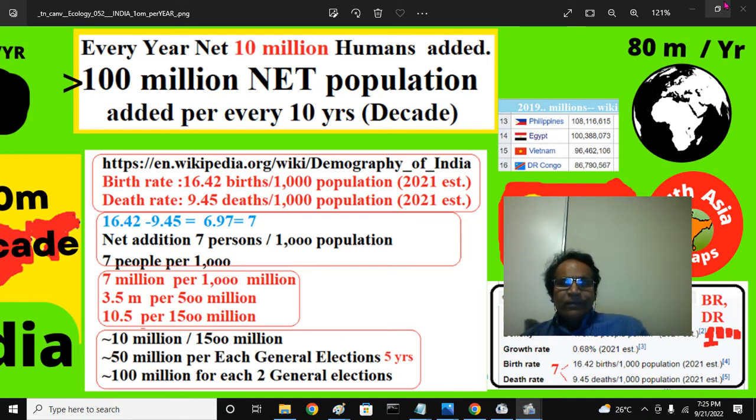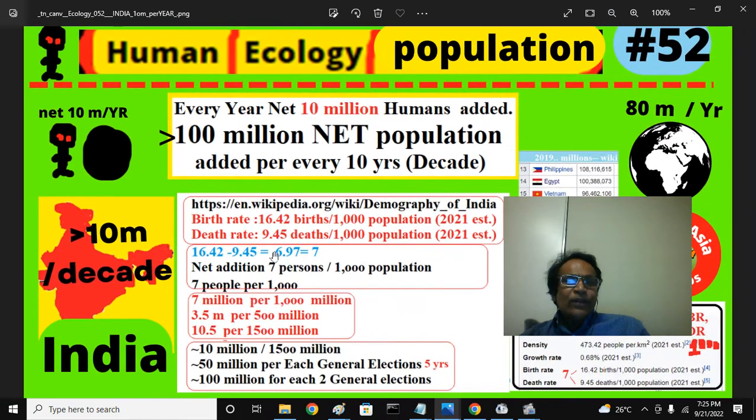We are not concerned about the minute thing. So a village or a habitat having 1,000 people in Bharat, India, every year a net addition of 7 people happens. 7 people for 1,000 population. If you say 7,000 instead of 7 and 1,000, 7 million, and you add 1,000 million, that is 1 billion or 100 crore, 7 million are added for 1,000 million.